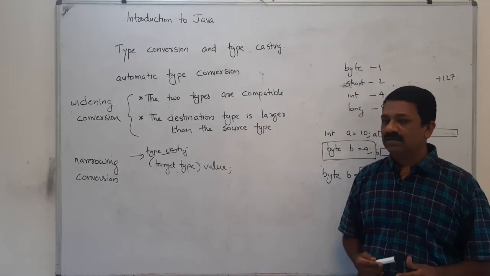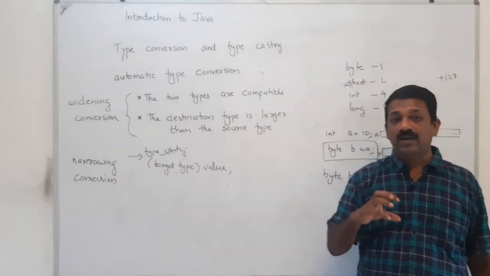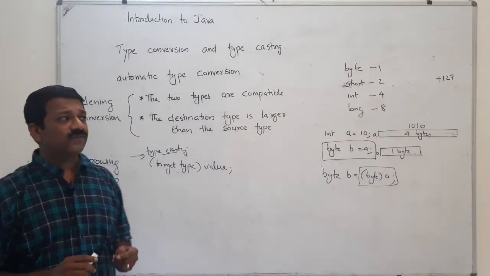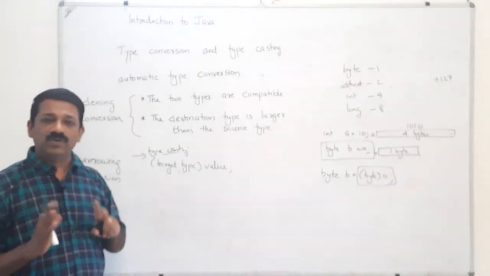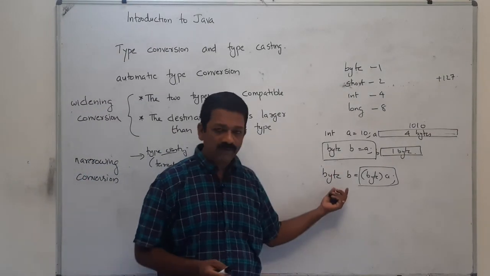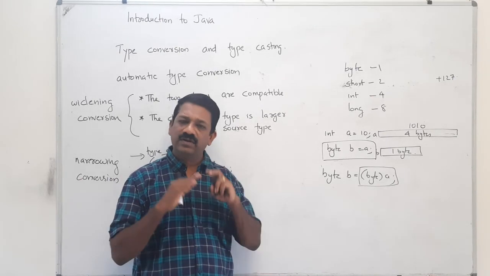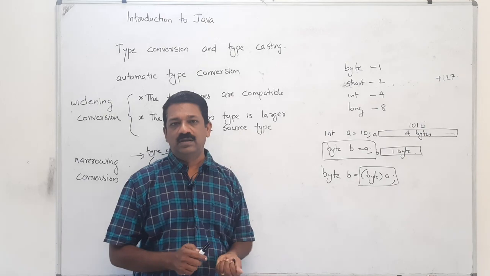Narrowing conversion has to be done by the programmer using typecasting. If those two types are not compatible, then typecasting and type conversion are both not applicable. For example, suppose you have a boolean value and a character value. When you assign a boolean value to a character value, definitely that is an error. In that case, typecasting is also not possible.